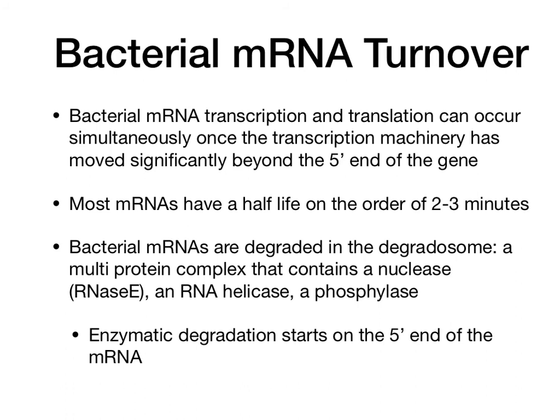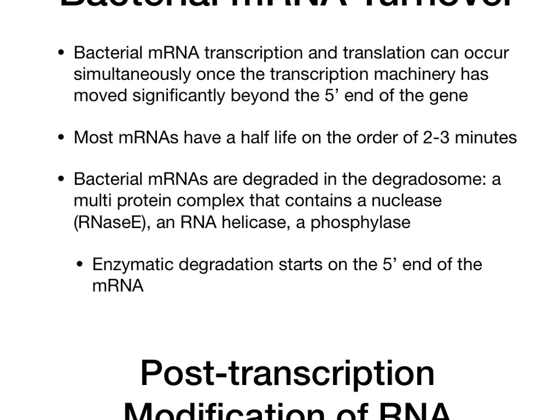So mRNA can be degraded in the degradosome, which is a multi-protein complex that contains a nuclease, RNase E, an RNA helicase, and a phosphorylase. This degradation starts on the 5' end. So this is different than your traditional RNA degradation.